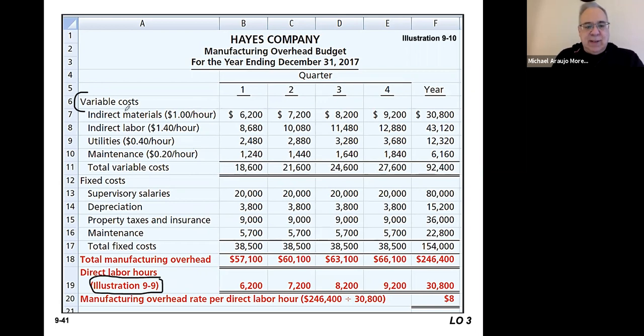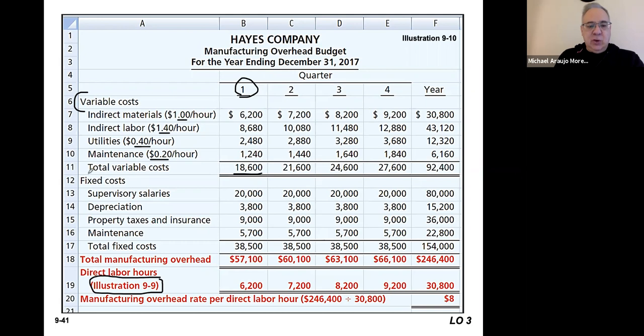So again, based on that: indirect materials at $1 an hour, indirect labor at $1.40 an hour, utilities at 40 cents an hour, maintenance at 20 cents an hour, times that 6,200. And here you have your total variable costs in the first quarter to produce those units.